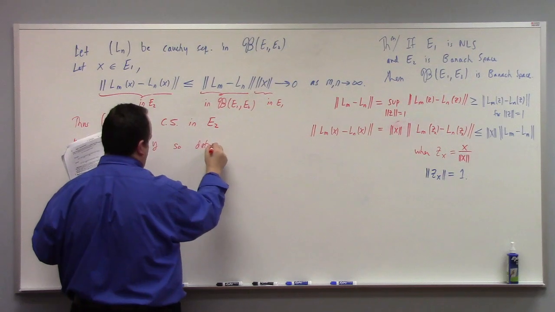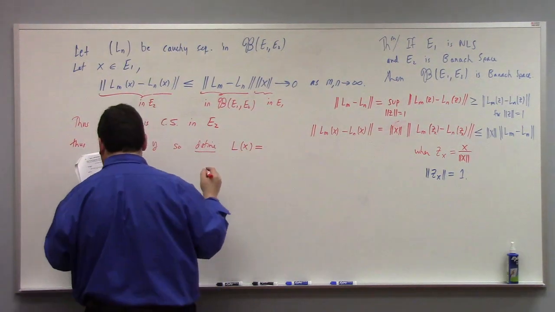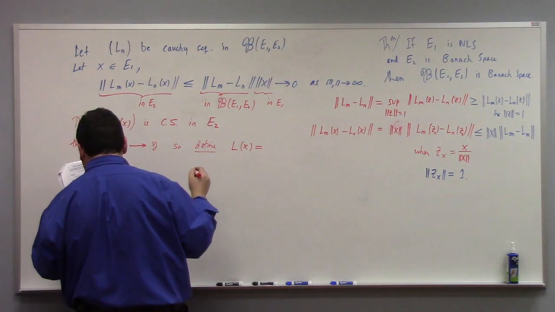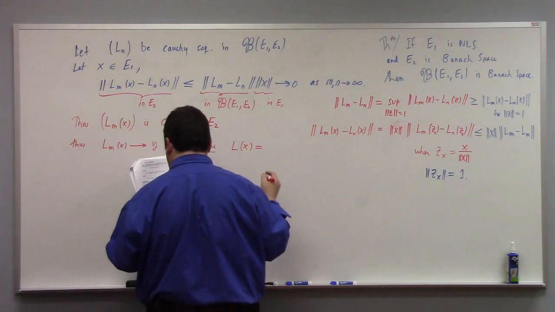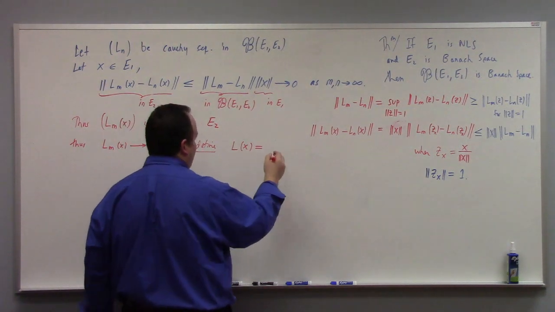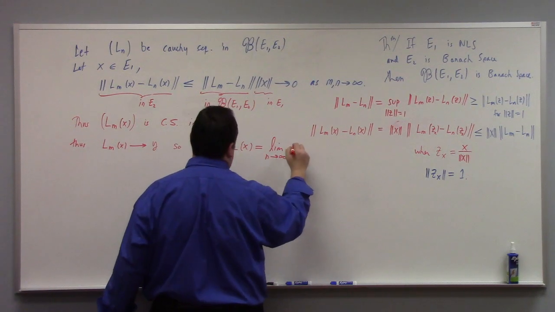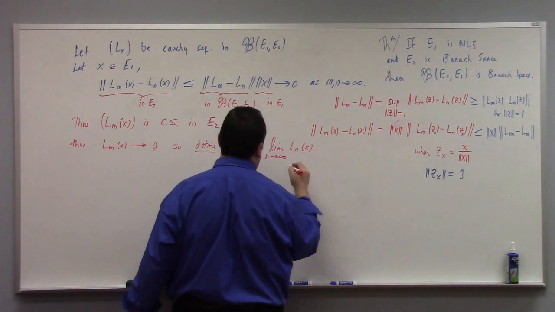He says, so define L of x equal to, what are you going to define L of x equal to? Well, you're going to do the limit as n goes to infinity of L sub n of x, okay?